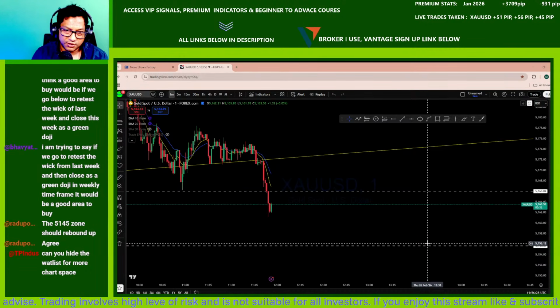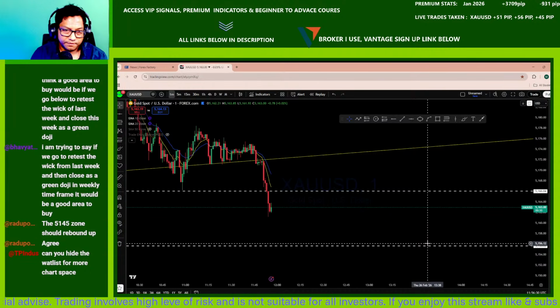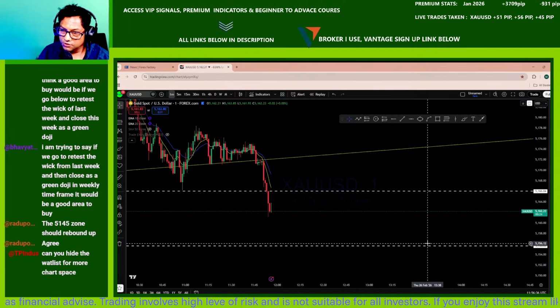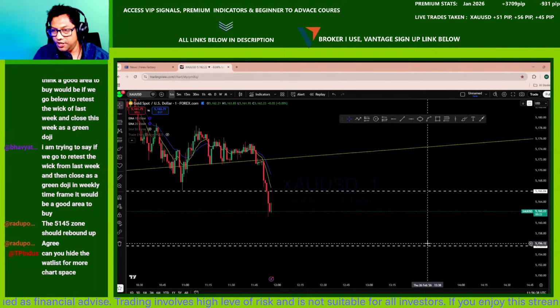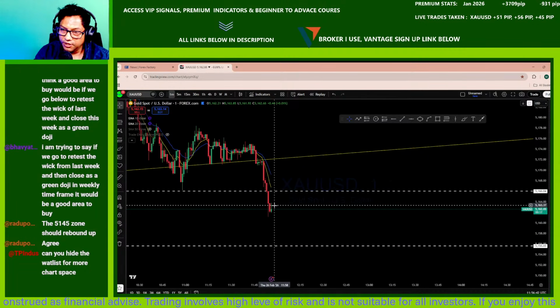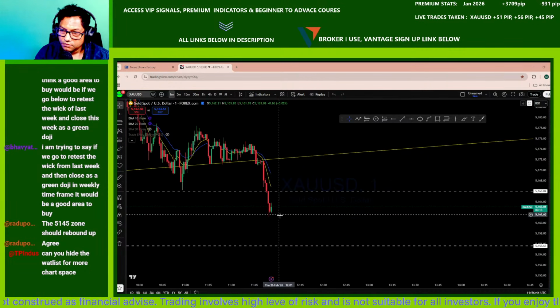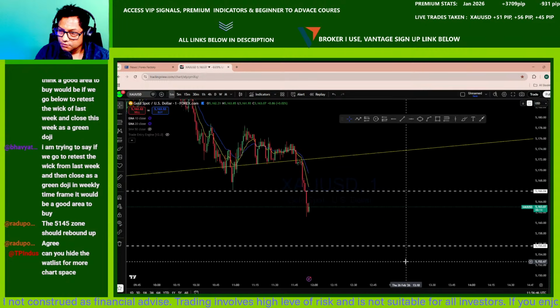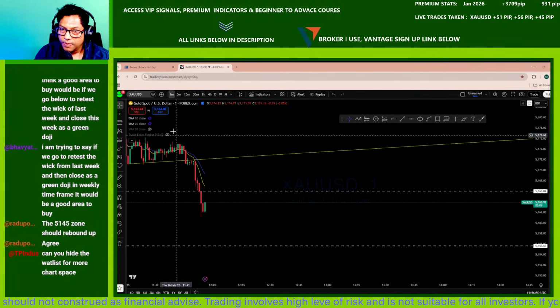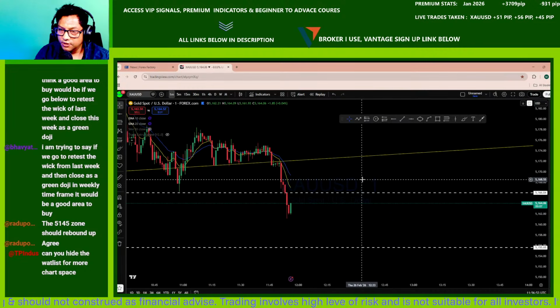We look at other instruments as well. Okay, so here in this area you can see the market showing it's getting out of this level.